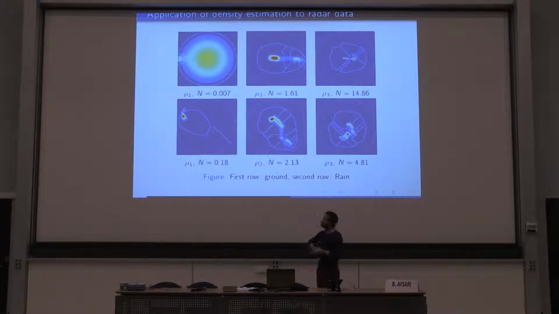So it's really a preliminary application. Here you have two different examples which represent two different environments. The first row is the reflection of the ground. The second row is an acquisition in a rainy environment.